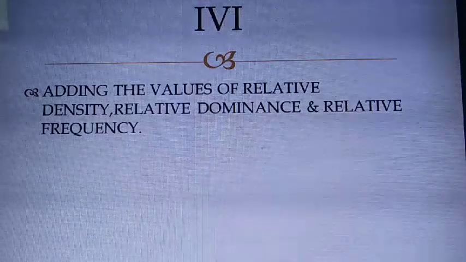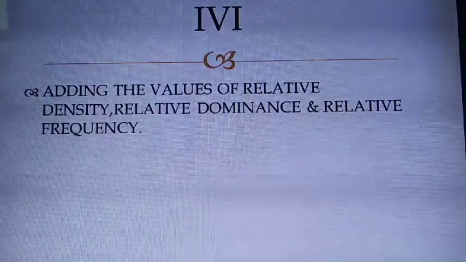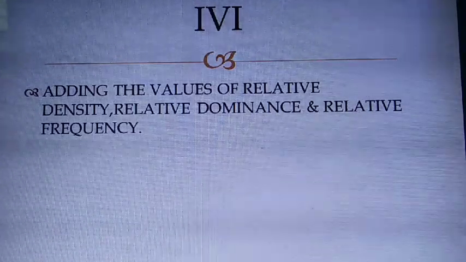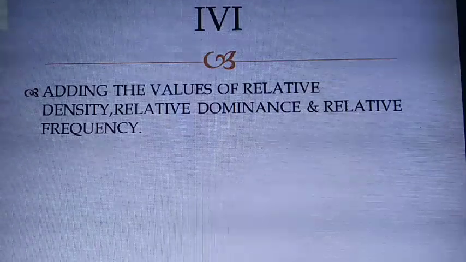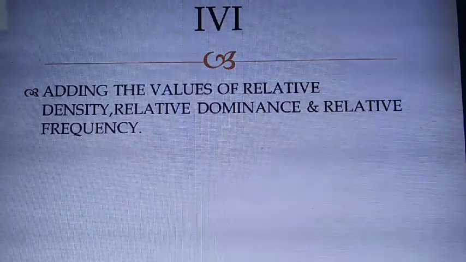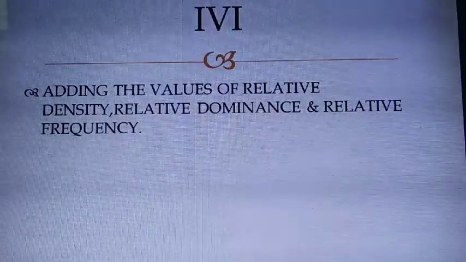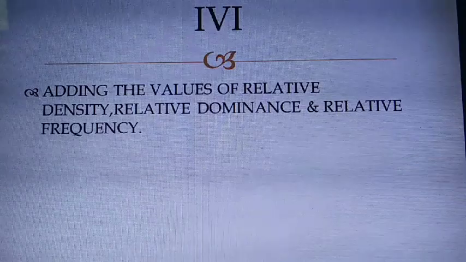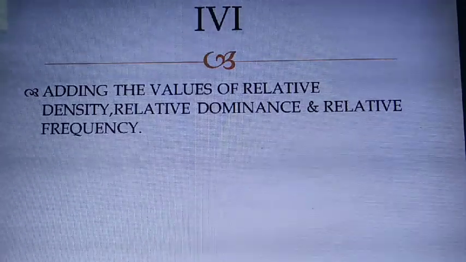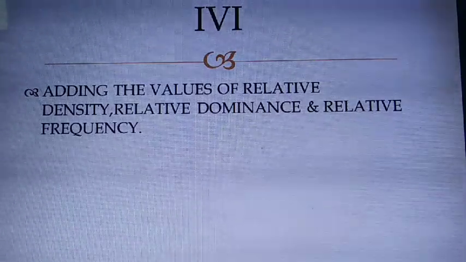Now, how can you calculate relative density? You know the density of the species, divide it by the total density of all the species and then multiply it with 100. You will get relative density. Similarly, for calculation of relative frequency, frequency of the species when divided by total frequency of all the species and multiplied by 100 gives you relative frequency.